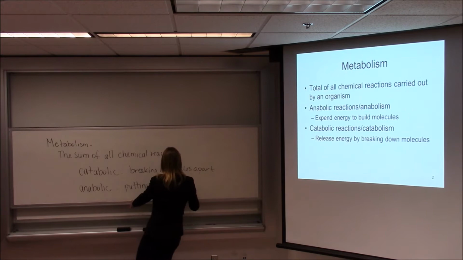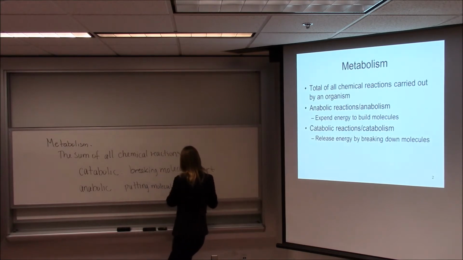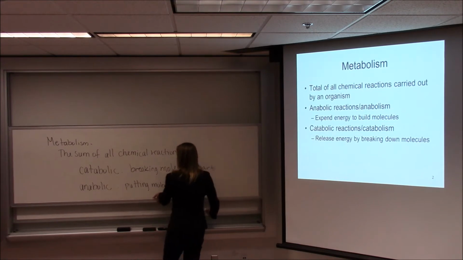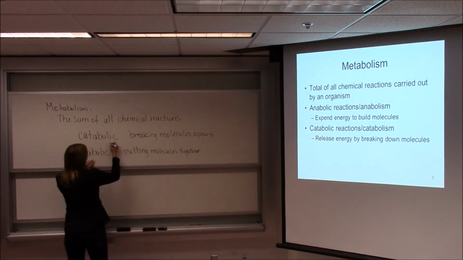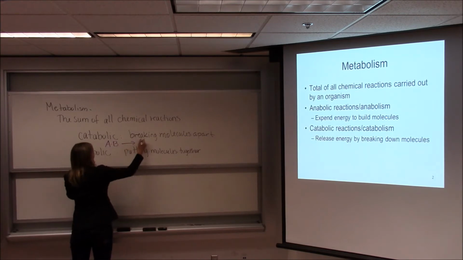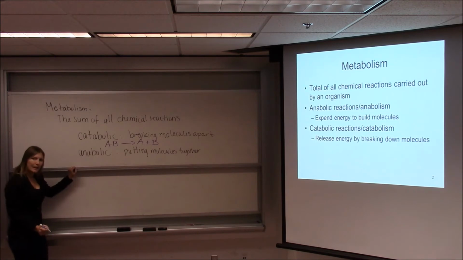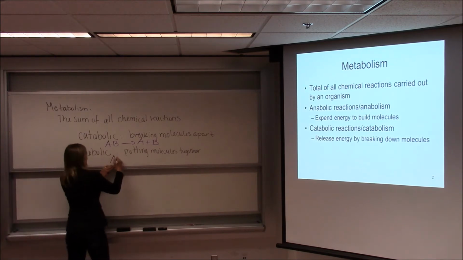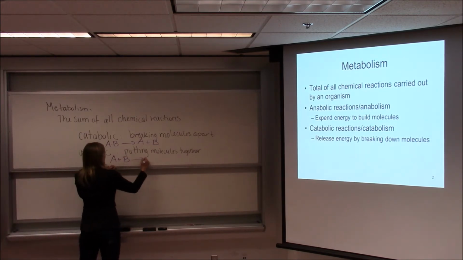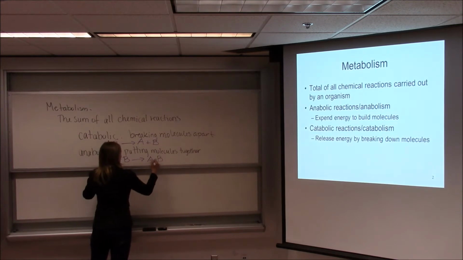In other words, just using AB as our molecule, catabolic would be taking A bonded to B and breaking that back down into A plus B. Anabolic is going to be the opposite. Anabolic is going to be taking A plus B and putting those together to form molecule AB.